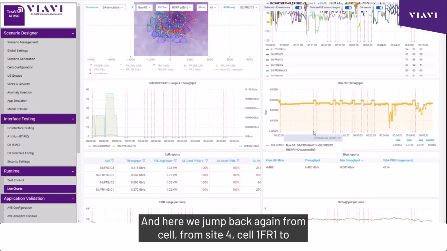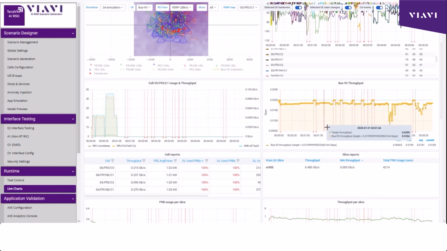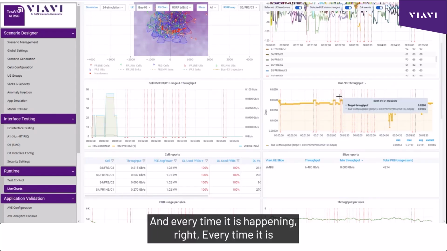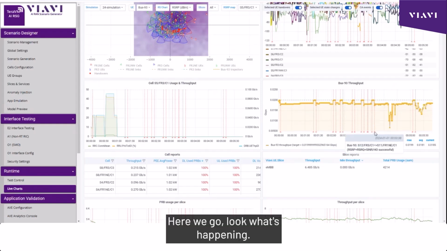And here we jump back again from site 4, cell 1, FR1 to FR3, and we see a jump again in the throughput. And every time we jump to FR3, the throughput becomes better. Here we go, look what's happening.